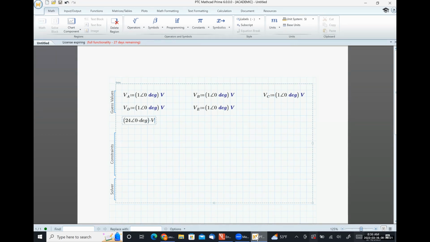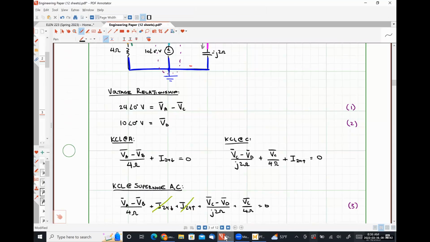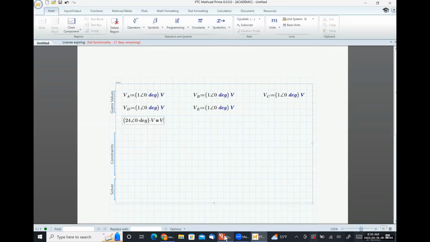And for this equal sign, I'm going to press control equal. So this boldface equal sign is saying whatever is on the left-hand side of the equal sign must equal whatever is on the right-hand side of the equal sign, okay? And in this case, that is VA minus VC. Like so.